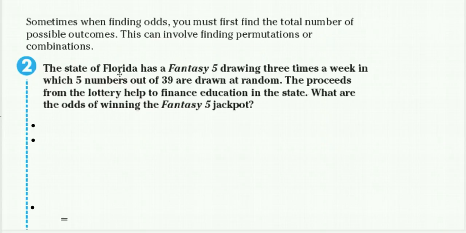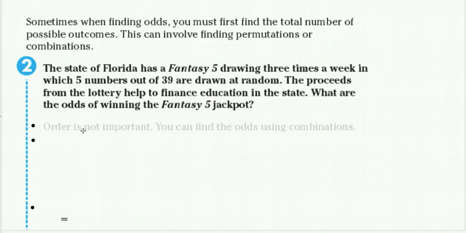The state of Florida has a Fantasy 5 drawing 3 times in a week, in which 5 numbers out of 39 are drawn at random. The proceeds from the lottery help to finance education in the state. What are the odds of winning the Fantasy 5 jackpot? First, we need to find the number of possible outcomes in this particular scenario. If you notice, when you talk about 5 numbers, the 5 numbers do not have to be in order.